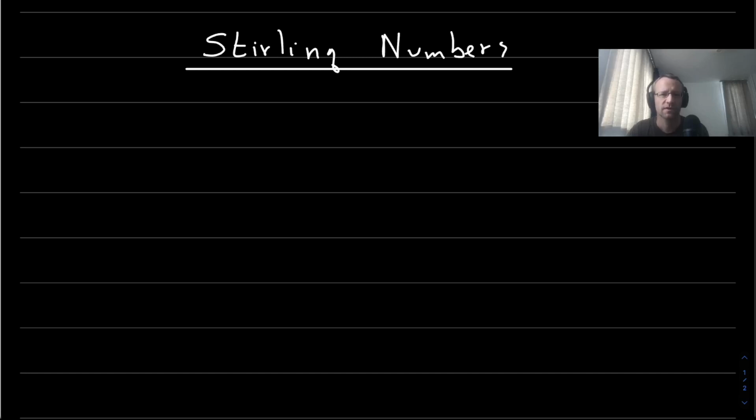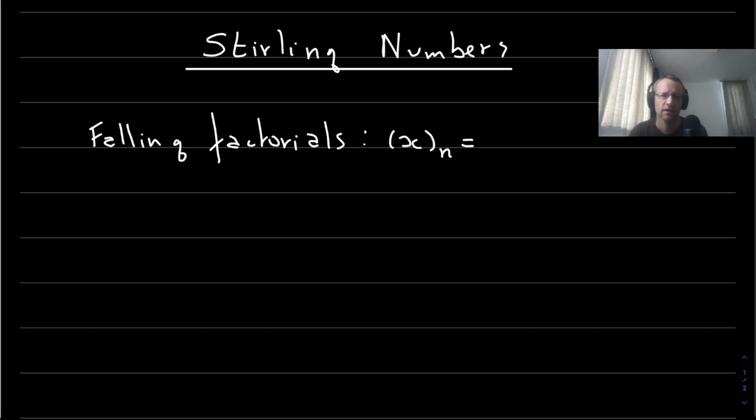We want to discuss a particular set of numbers, the Stirling numbers, which play a role in combinatorics. First, we define falling factorials, which we'll denote by x with an index n: just x times x minus 1, x minus 2, etc., all the way up to x minus n plus 1.